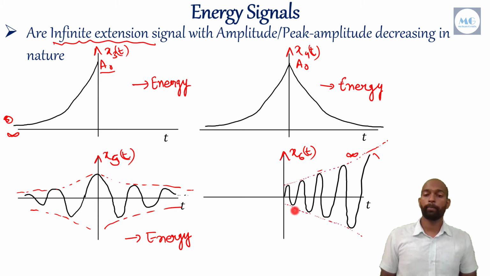For an infinite duration signal, if the amplitude is increasing and not decreasing in nature, then the signal is not an energy signal. Also, we know from our previous lecture that a neither energy nor power signal has infinite value at some instant of time, as it is approaching infinity. That's why this signal is neither energy nor power signal.